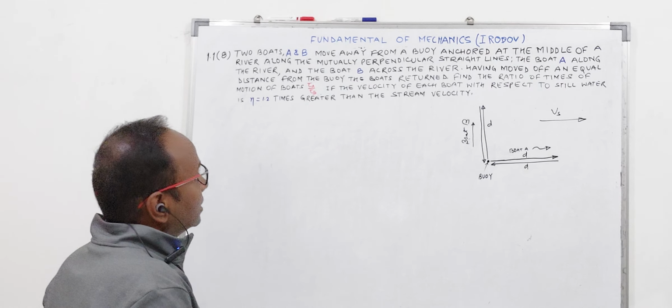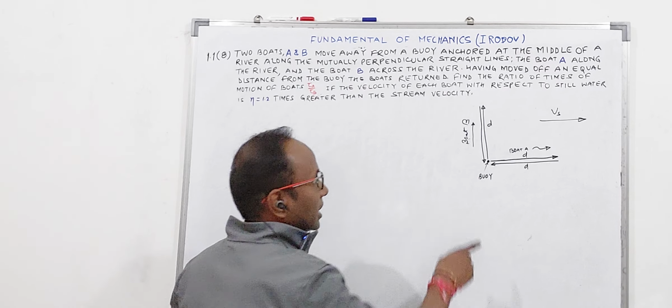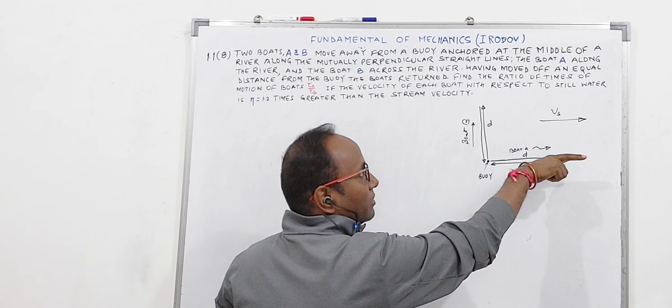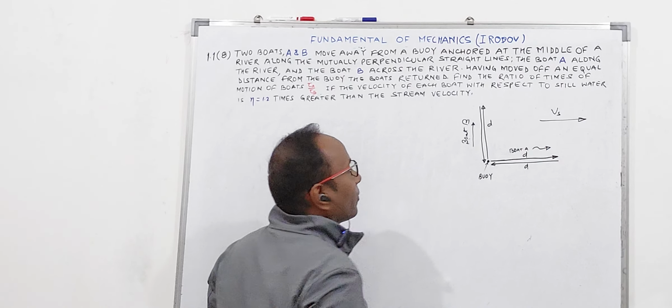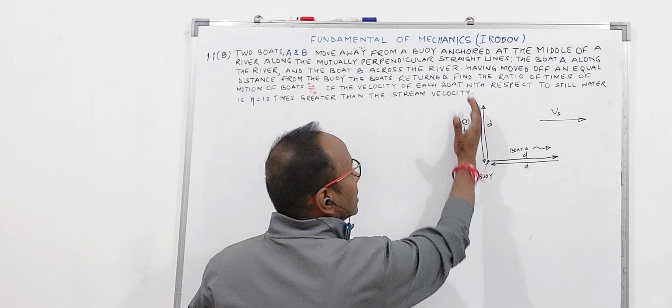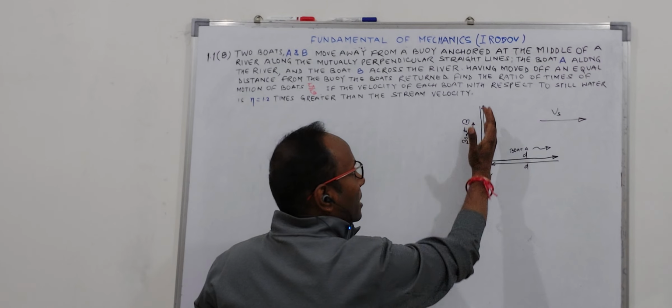So in the question it is given there is one buoy. From here two boats start. One goes with the stream velocity, let's say Vs, and the other boat B goes exactly across the river.